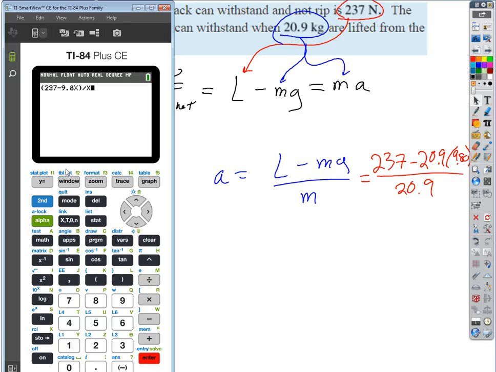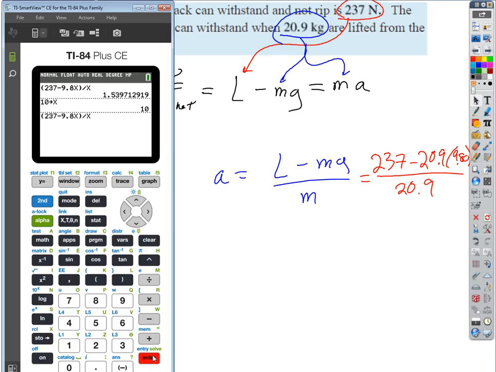Let's go down and go 10, store x. I have to hit enter. So now I stored it. Then I go up. Well, look at that. My acceleration went up by a lot, didn't it? Maximum acceleration, right? As predicted. It works.